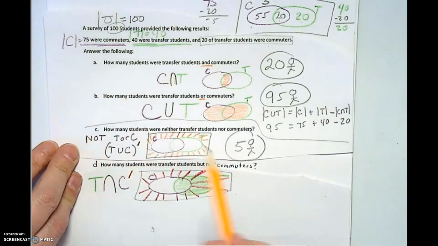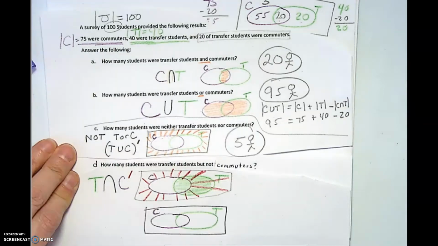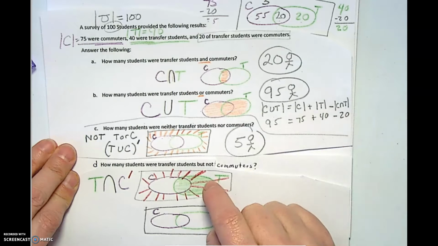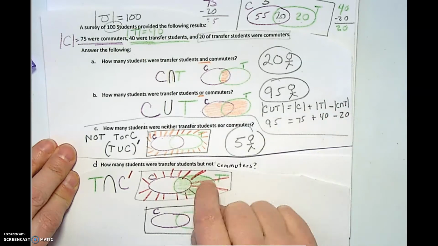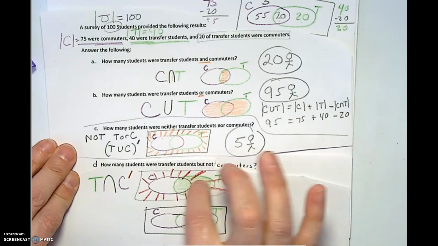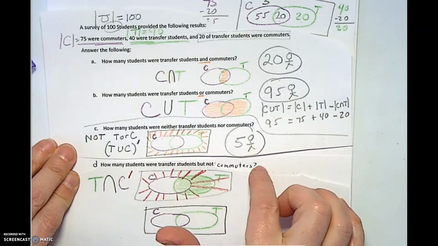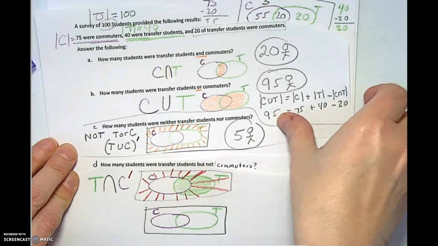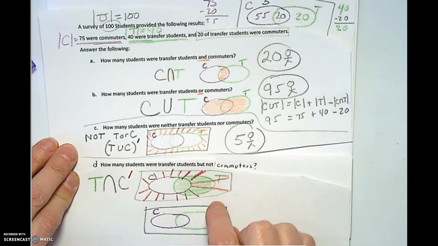So I'm going to actually draw one more Venn diagram really quick so that we can wrap this up. So we're looking for the people that are transfer students in the green zone, the green right circle, but not commuters. So and not commuters. So outside of the commuter circle. So where both the green and that red overlap is just this area right here.